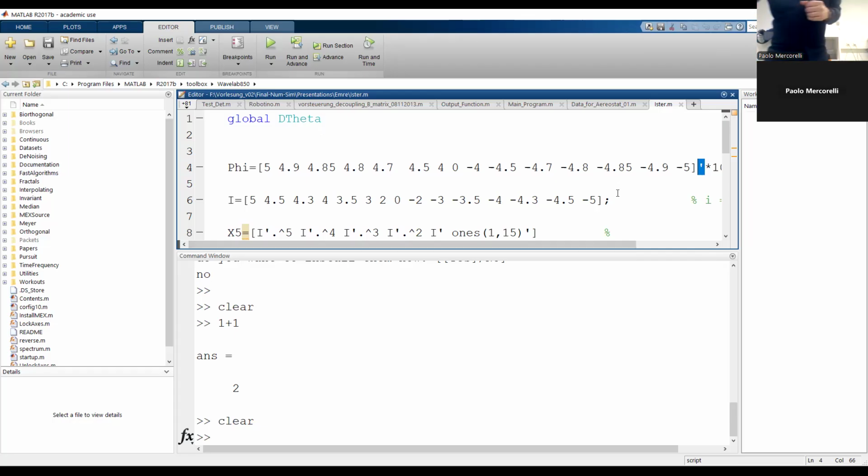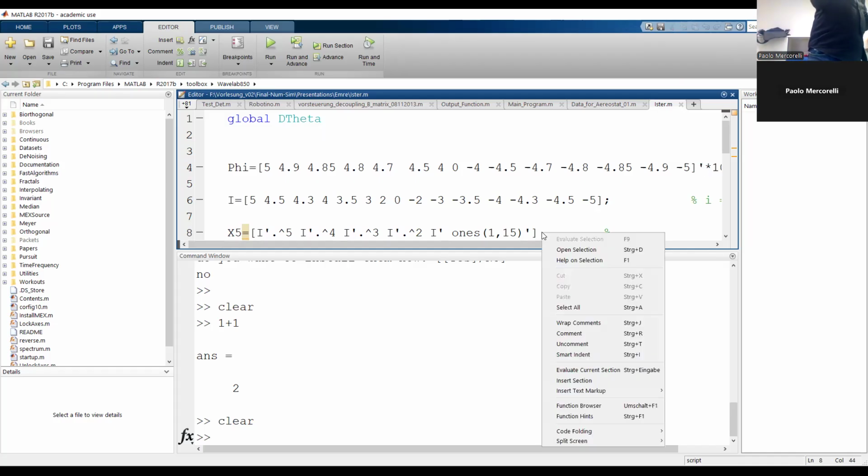If I don't put the semicolon, like here, this means this line A, x5, will be printed on my command window. If I don't want to print, I have to put semicolon. It's not a strong active function, just to show you the results.